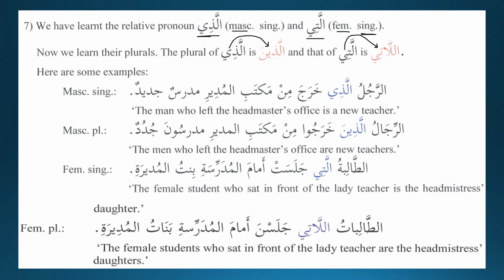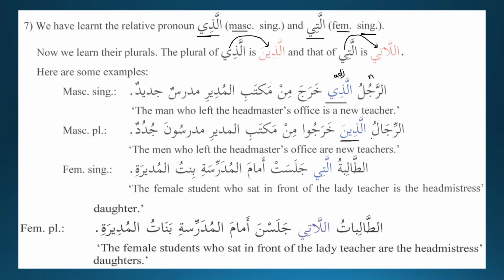For example, "الرجل الذي خرج من مكتب المدير مدرس جديد". But when you say "الرجال", you will say "الرجال الذين". So you can also say that this is the sifa of "الرجال": mausuf and sifa, noun and adjective. It is also used as an adjective. So we know that noun and adjective are always equal in number, gender, case, and status, the 4 properties of the noun.